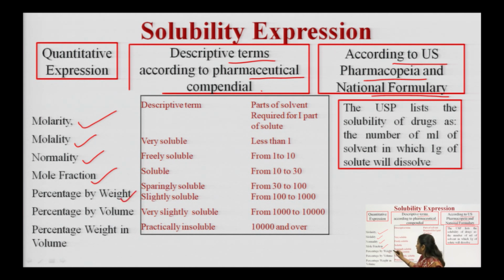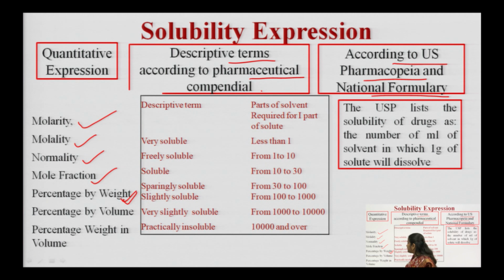Then comes percentage by weight. Percentage by weight means the weight of the solute which is present in 100 grams of the solvent. Sorry, we can say 100 grams of solution.